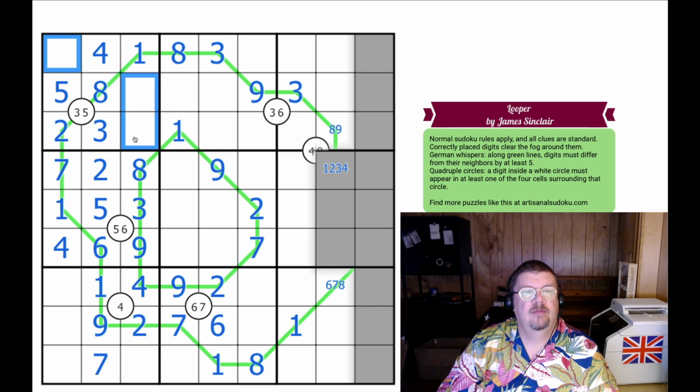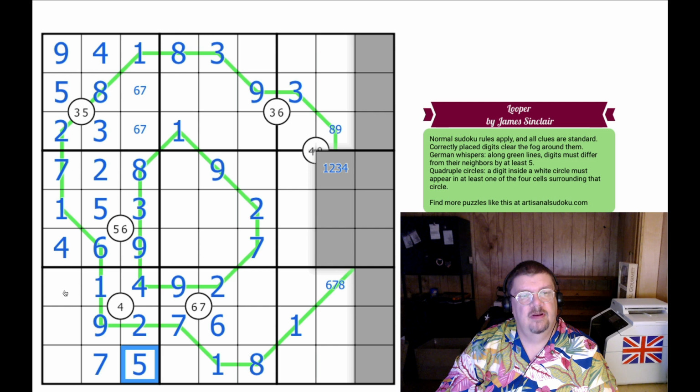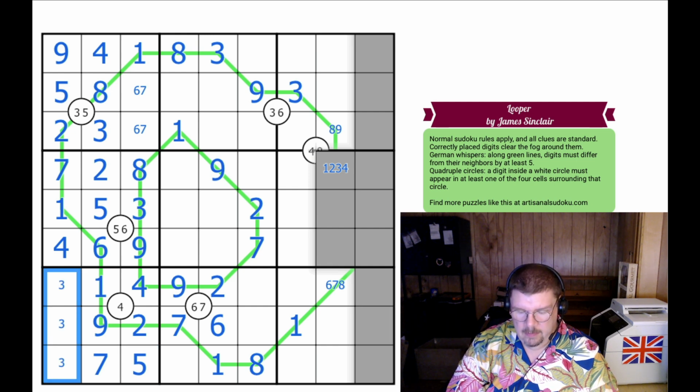3 digits left in this box are 6, 7, and 9. Those aren't 9s because of this 9, so that's a 9. That's a 6, 7 pair, and that makes this the 5. And then I need a 3, 6, and 8.